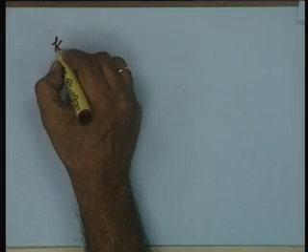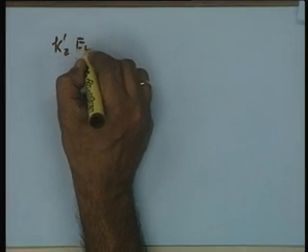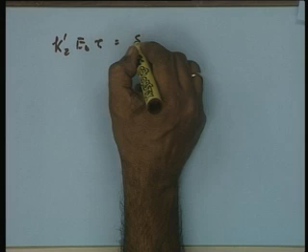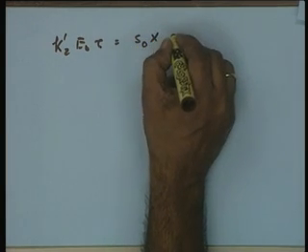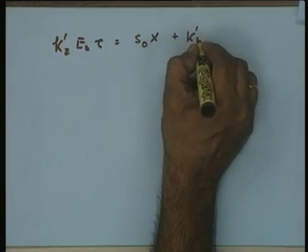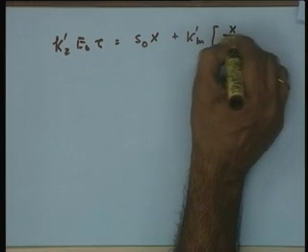Solving this equation, you can also get K2 dash E naught into tau equal to S naught x plus K dash m into x upon 1 minus x.